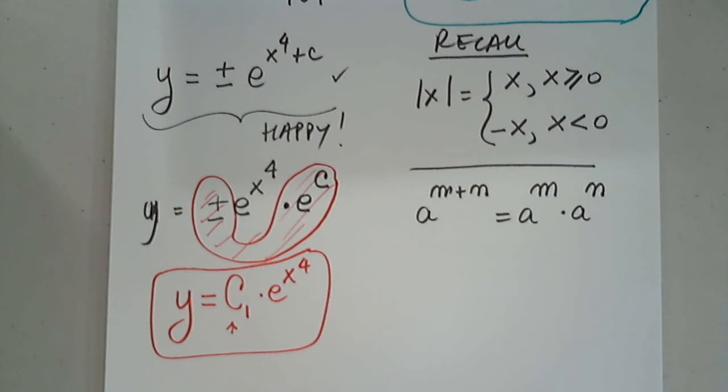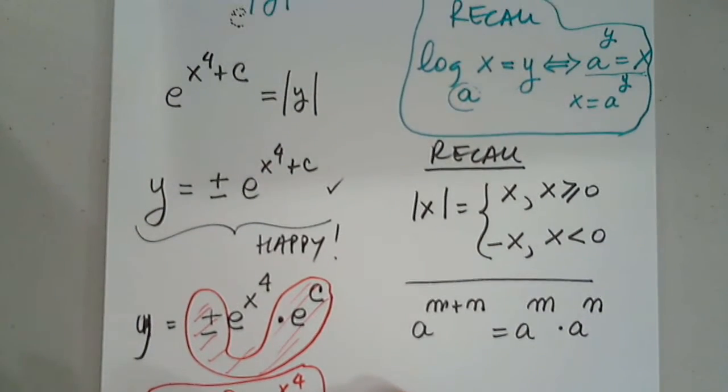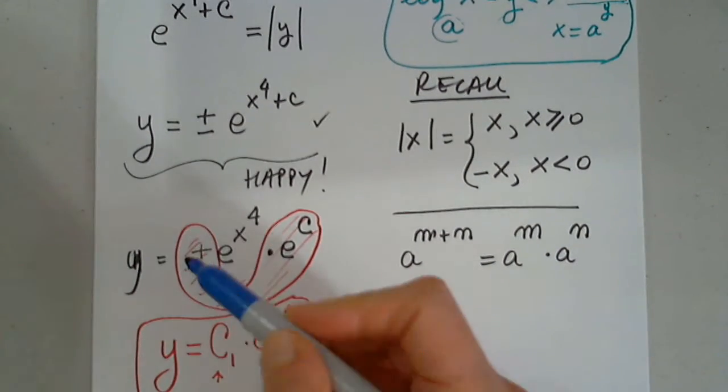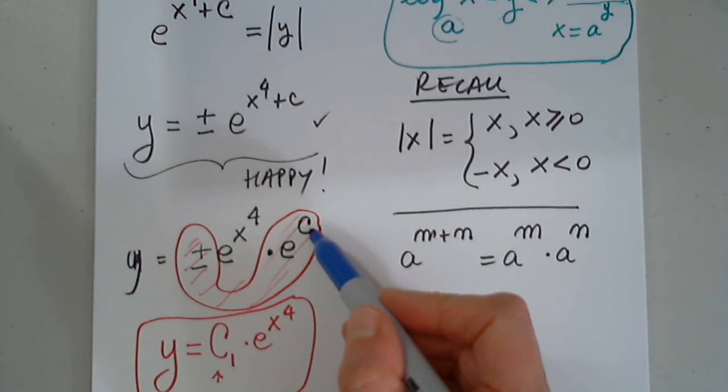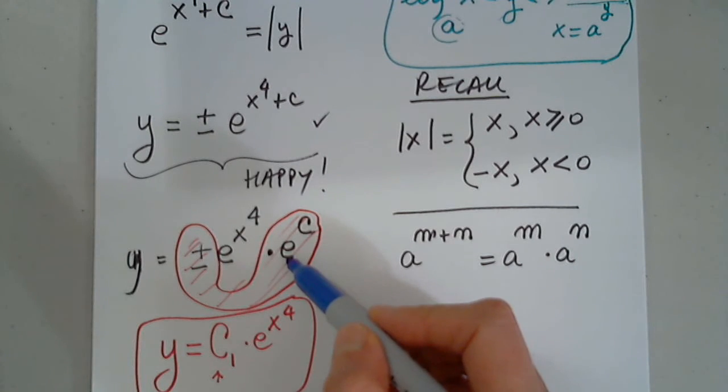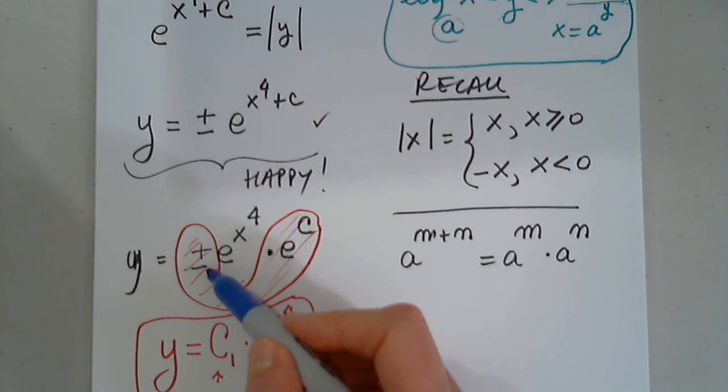Can I choose the next one, or you would like to choose the next one? I have a question. Yes, anything. I followed all the way up to the part where you changed to C1. Yes. So this is plus or minus e to a constant. This is a constant, this is a constant, this is a constant, this is a constant.